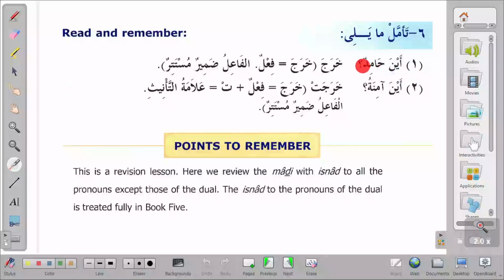Aina Hamid? Kharaja. Where is Hamid? Kharaja. Okay, if I say kharaja, we have just looked at this in the previous page. The kharaja is the verb, right?